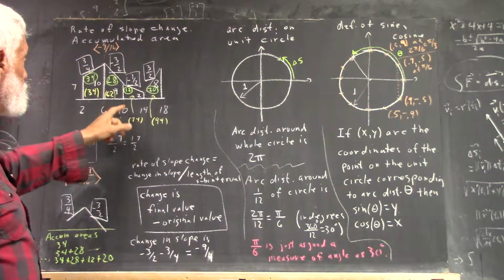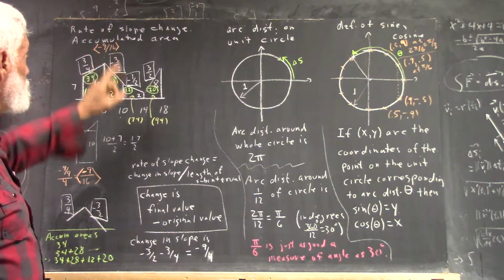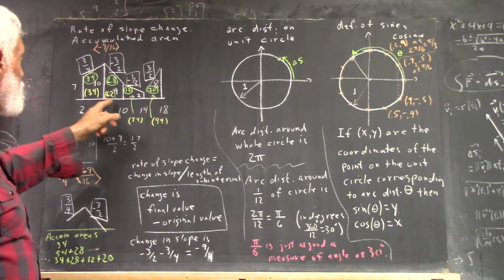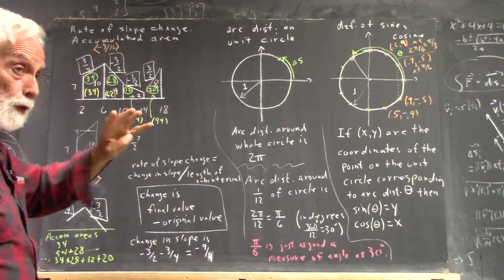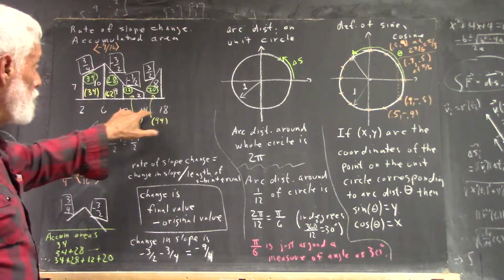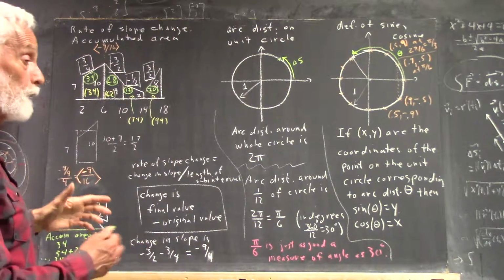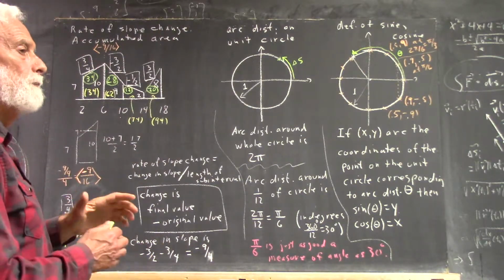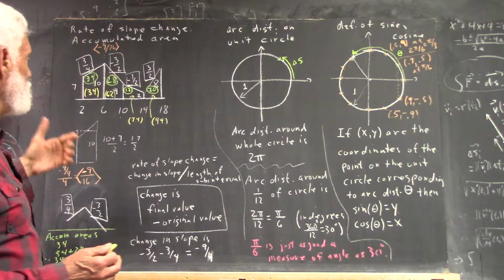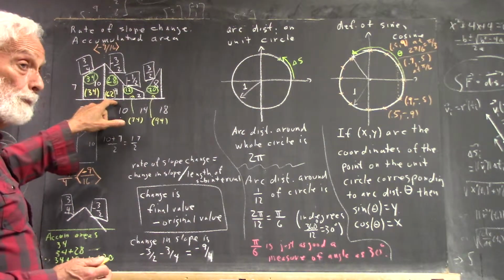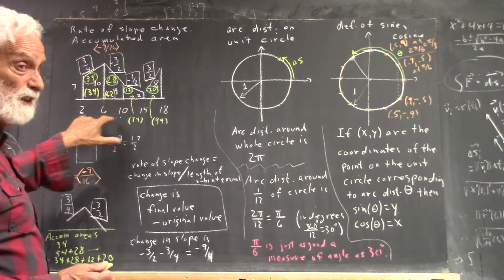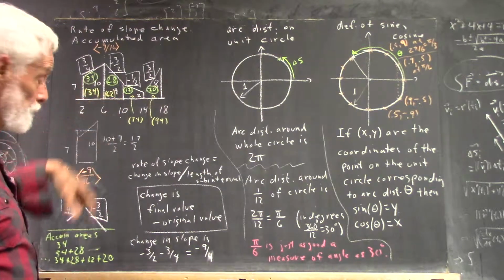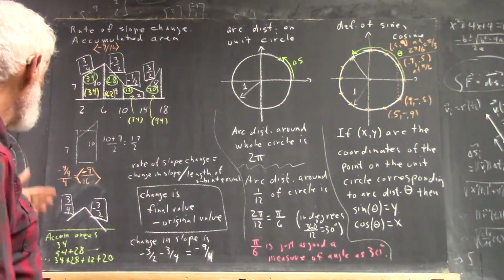Midpoint of the interval from 6 to 10 is 8, the slope is negative 3/2. From 4 to 8 is 4 units, which is the same, of course, as the length of the interval. So especially if you have uniform intervals, the distance between the midpoints of the intervals will be equal to the distance between the endpoints of the intervals, the lengths of the subintervals.